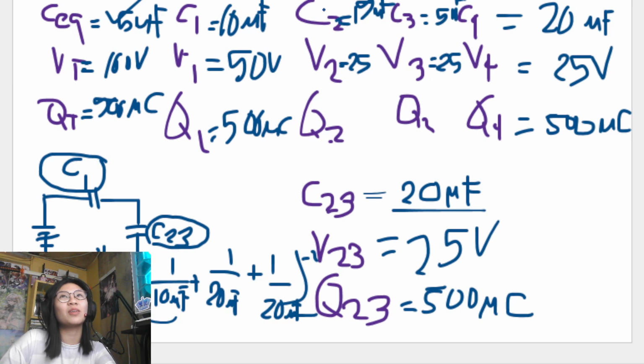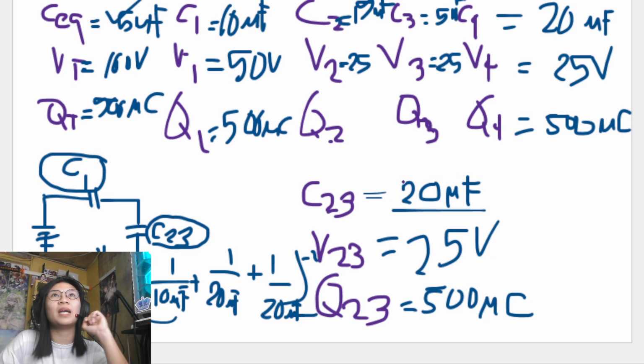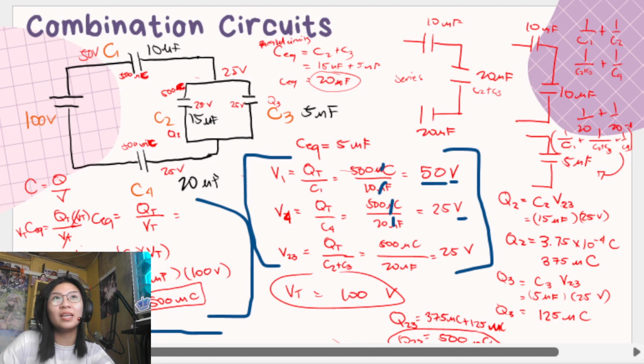Since we already got V2 and V3 using V23, we can solve for Q2 and Q3 using the capacitance formula. So Q is equal to C multiplied by V, that's what I did here. So Q2 is C2 multiplied by V23 or V2, since they are the same. So 15 microfarad multiplied by 25.